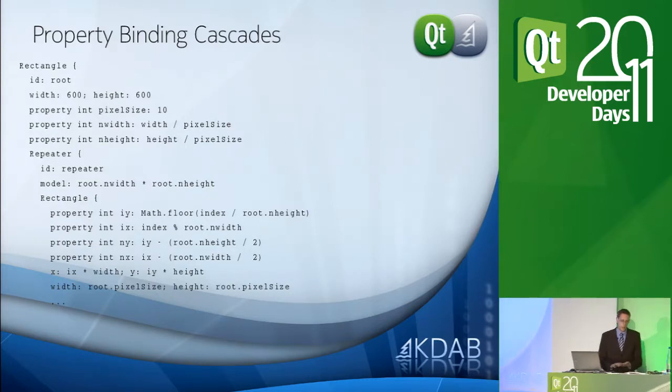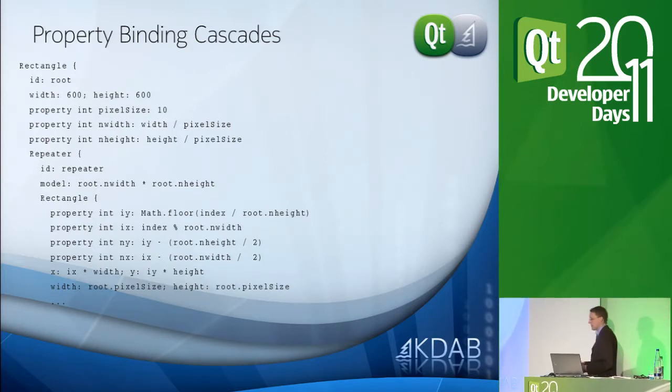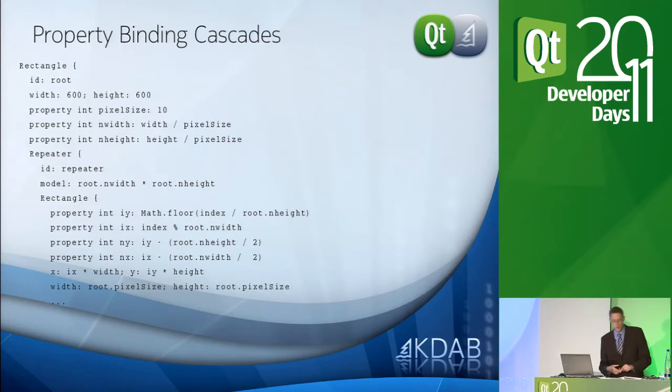And yeah, well, this Pac-Man thing obviously is a very artificial example. But these kinds of property binding cascades actually happen in real code. So that's something to keep an eye on, especially this exponential growth in updates. If you're having C++ properties, a common mistake you can make there is shared update signals.